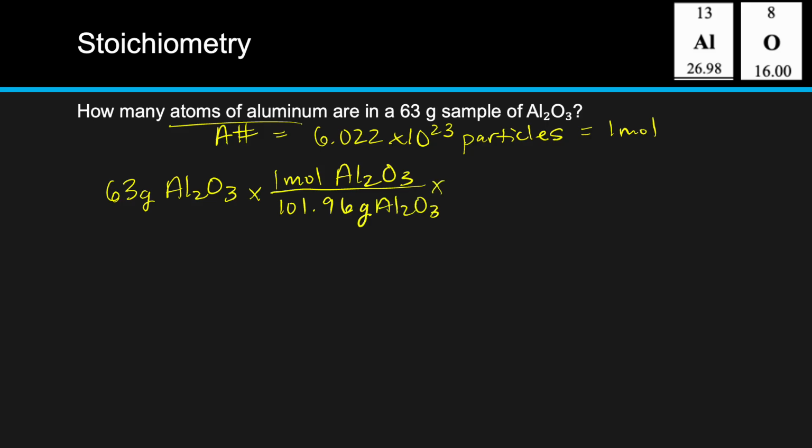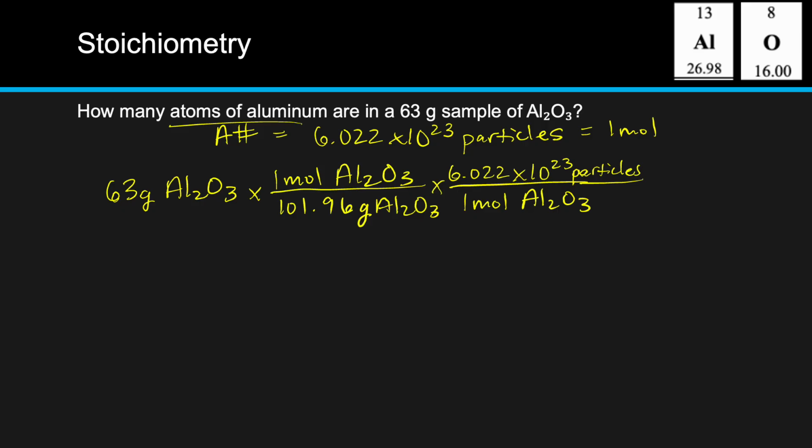So now that I'm in moles, I can go to atoms. I know in 1 mole of Al2O3, I have Avogadro's number, or 6.022 times 10 to the 23rd particles.